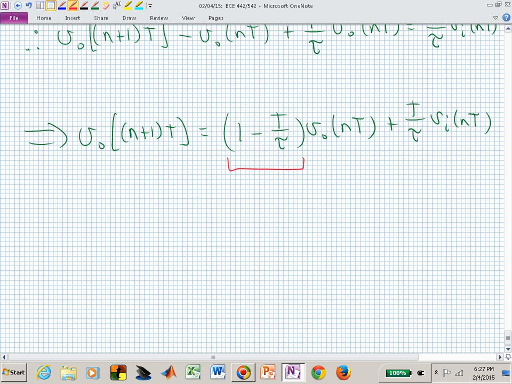If you crunch the numbers, 1 minus T over tau is 1 minus 0.19994. That's roughly 0.8. So let's just call this coefficient that scales v naught of nT 0.8, and let's just round the 0.1999 to 0.2.